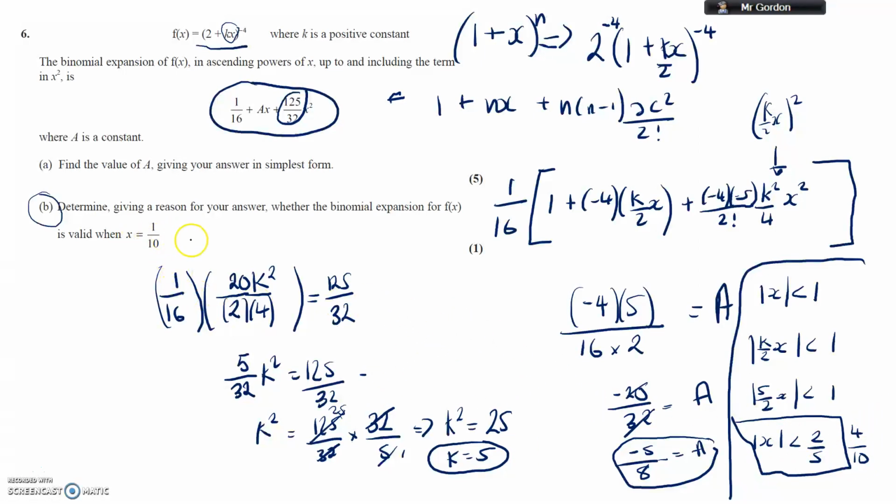Yes, it is. So 1/10 is less than 4/10 or 2/5. Therefore, it will be valid. Okay, I'm running out of space here, so write this in a nice sentence explaining what you've said, and that should be enough. Alright, I hope that's helpful.